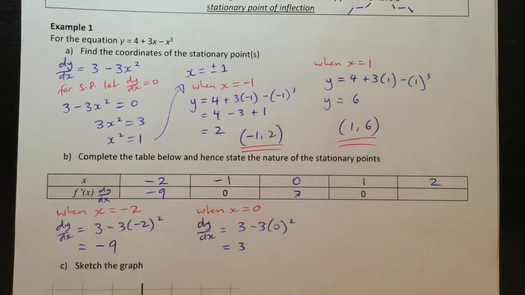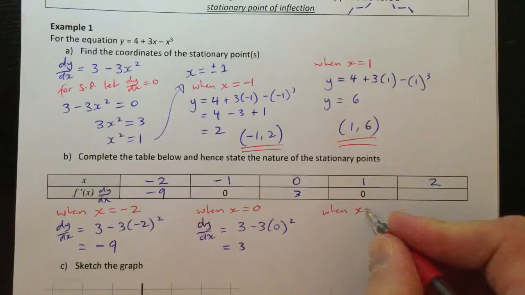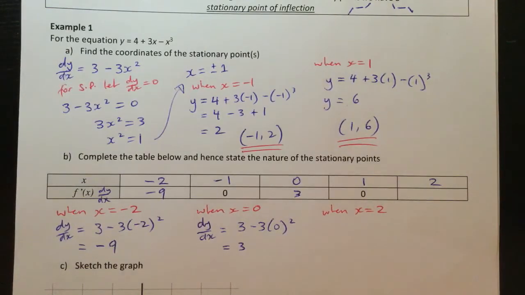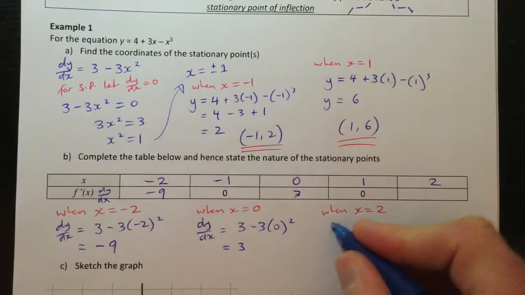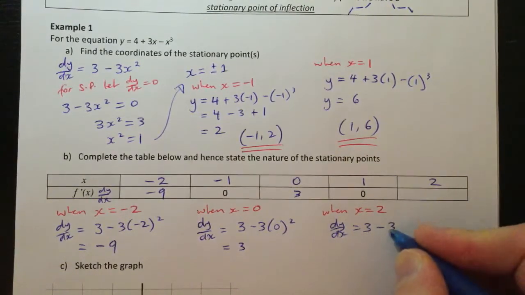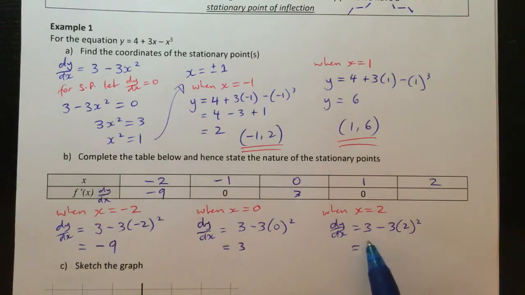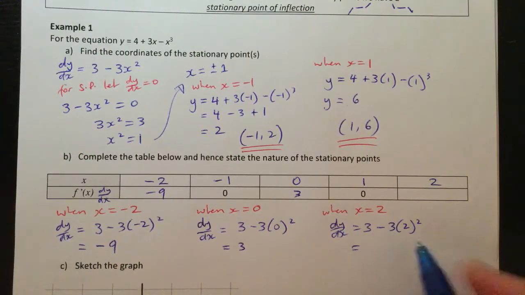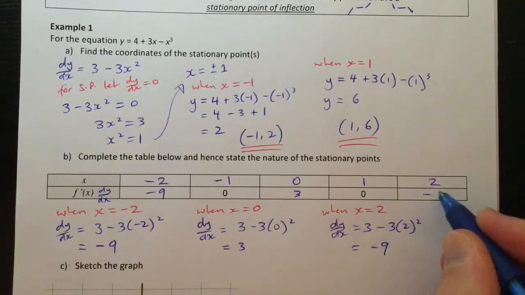And when x equals 2, the last point to sub in, again we sub into the derivative to find the gradient: dy/dx equals 3 minus 3 times 2 squared, which is 3 take away 3 times 4, so 3 take away 12, which is -9. So when x is 2, the gradient is -9.